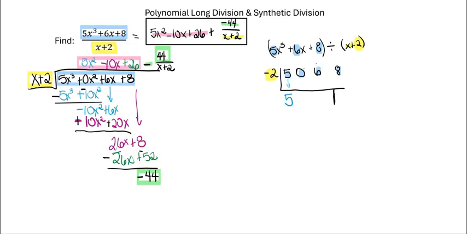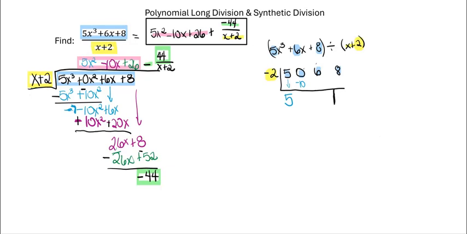Now, I'm going to multiply -2 times 5 to get a -10. So I'll put that answer up here, -10. This number, I don't know if you can see where I'm circling, came from this -10 right here. That's why I kept it in blue.